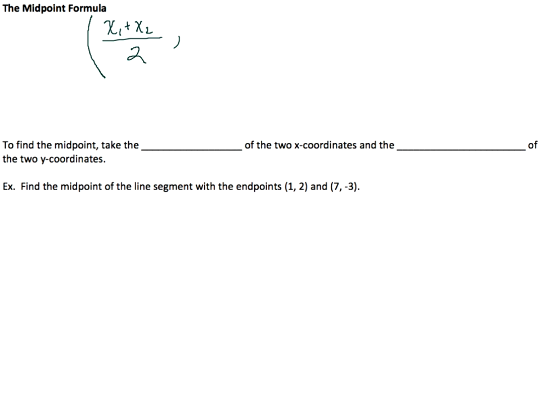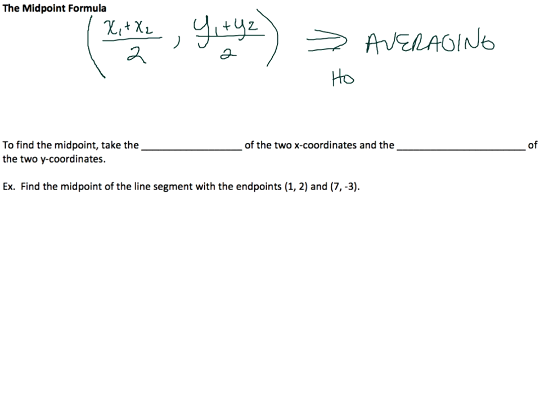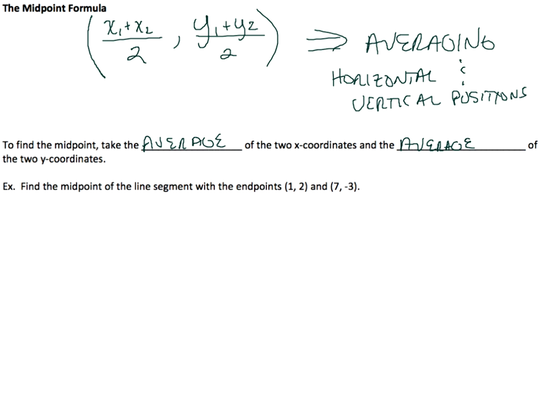Line segment has 2 endpoints, so divide by 2. Do the same thing for your y's, y1 plus y2 over 2. Main thing to remember here is you're averaging your horizontal and your vertical positions to arrive at the midpoint of that line segment. So to find the midpoint, take the average of the 2 x coordinates and the average of the 2 y coordinates.